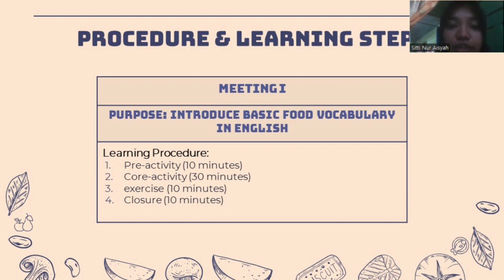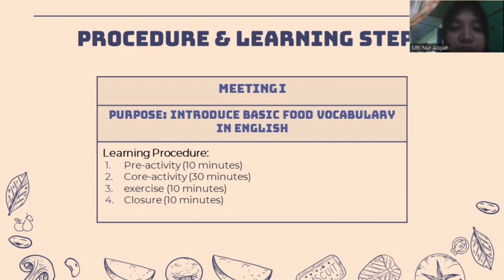Then the teacher introduces the food's name and its characteristics in English, and then lets the students repeat it to exercise their spelling. Third, exercise, which will take 10 minutes, where the teacher will distribute the worksheet that contains blank spaces for the students to write down the name of the food in English.